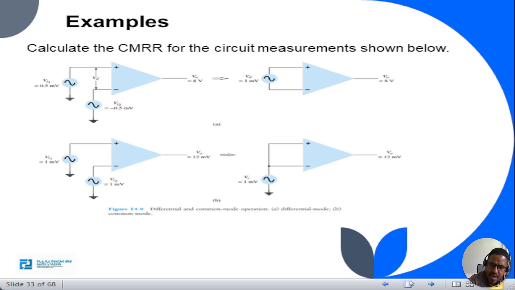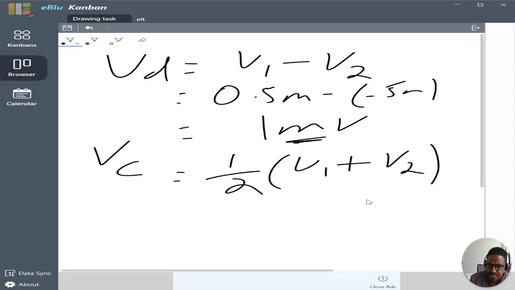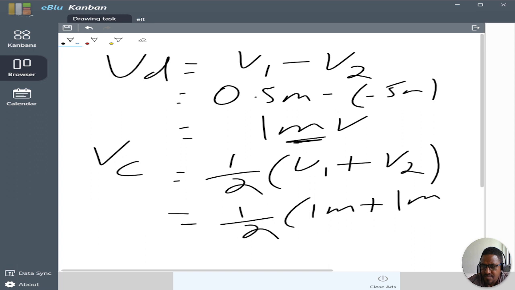Again, the voltage in the common mode is 1 over 2 multiplied by V1 plus V2. As you see, in common mode our input is 1 millivolt, 1 millivolt. So 1 over 2 times 1 milli plus 1 milli.